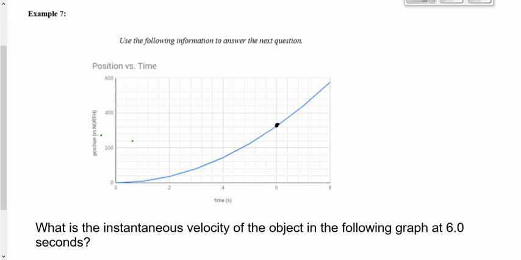A good tangent line would look something like this. It's kind of hard to draw on the board here. You guys will have some more success when you're drawing it on a piece of paper with a straight edge. But it's going to look something like this.